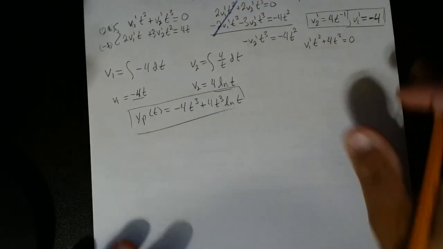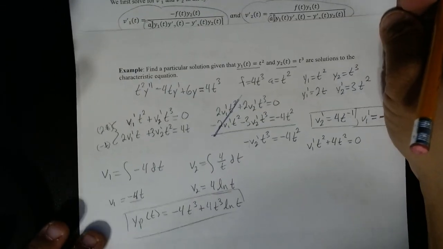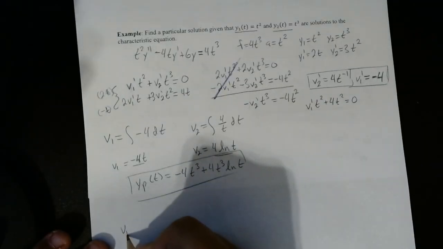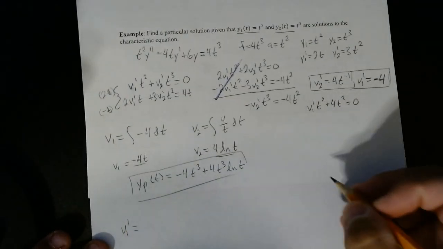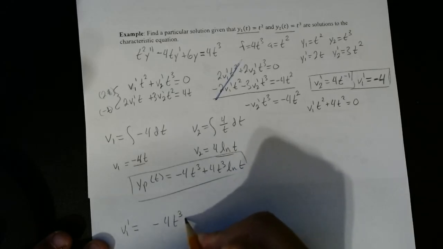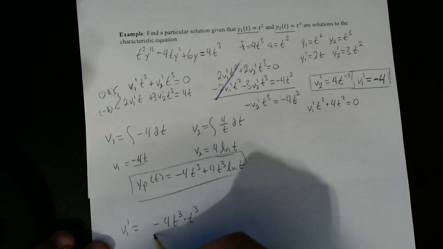So in this case, we just follow our equation. I don't think I'll be able to put it all in one, but you guys get the picture. So -f, so -4 t to the third times y2, and our a function is t squared.